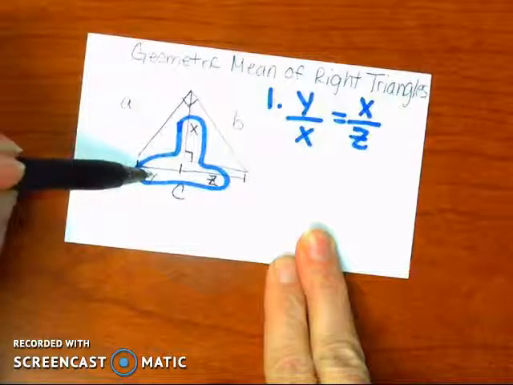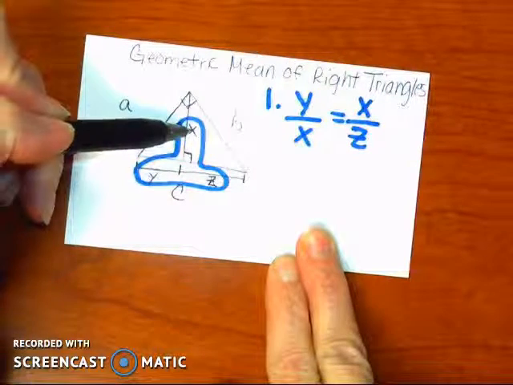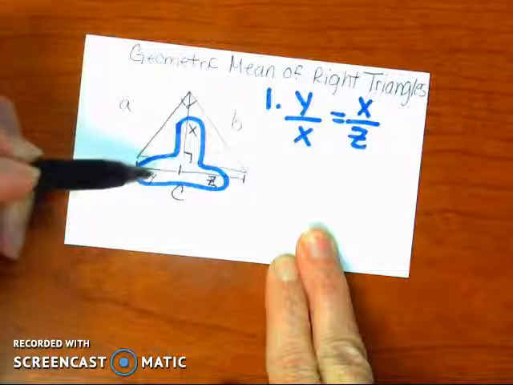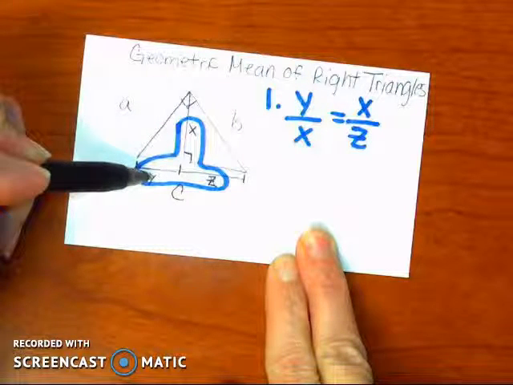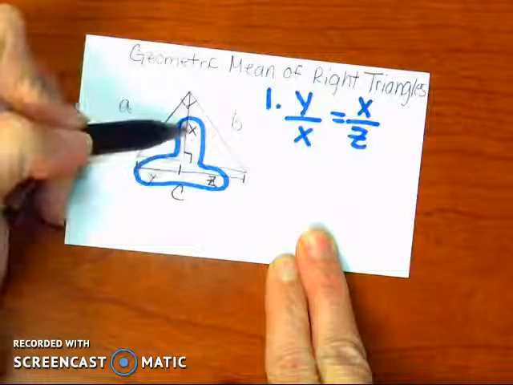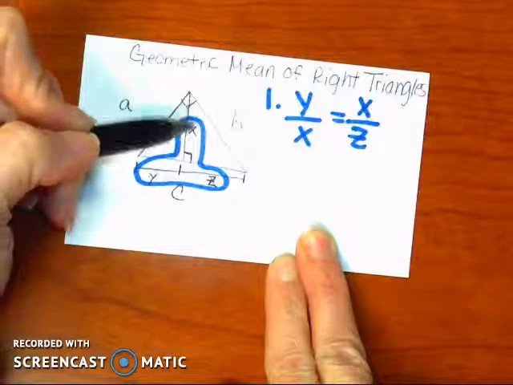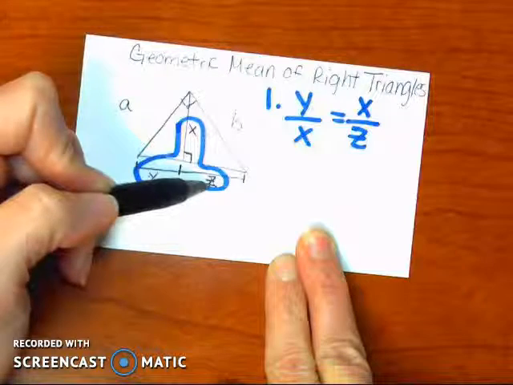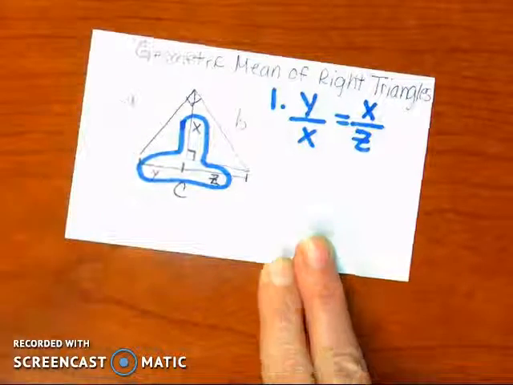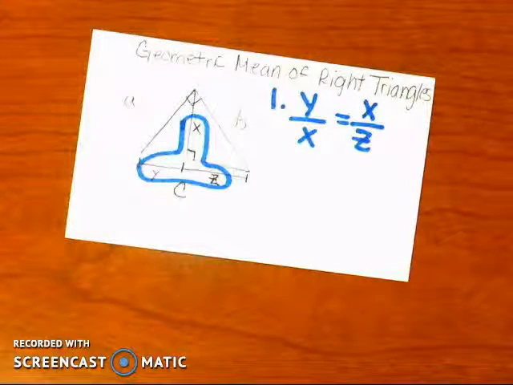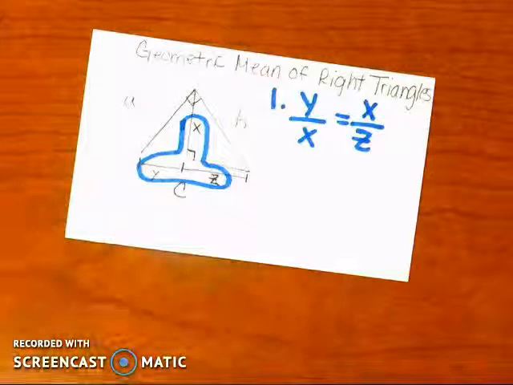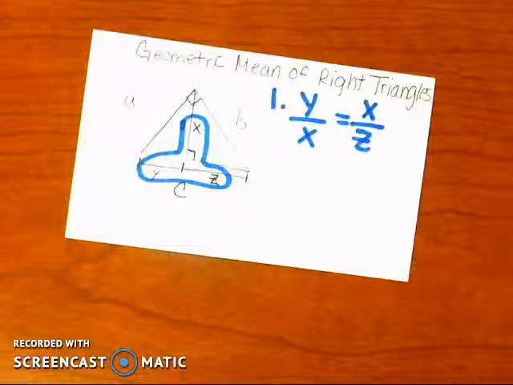Y compares to X, and X compares to Z. If I look at my picture, Y is my smaller side compared to X, the longer side, and then it flip-flops: X is my shorter side here, and Z is my longer side on this triangle. So there's my first proportion, comparing the smaller one to the larger one, and it looks like an upside down T.